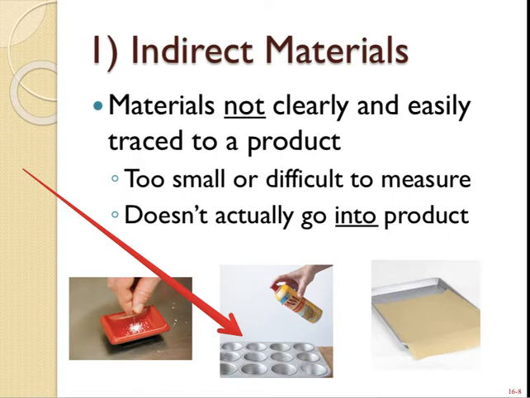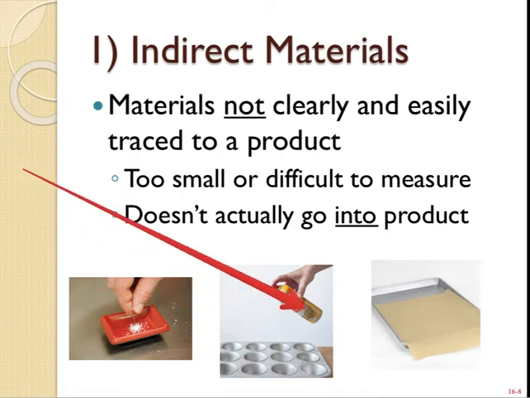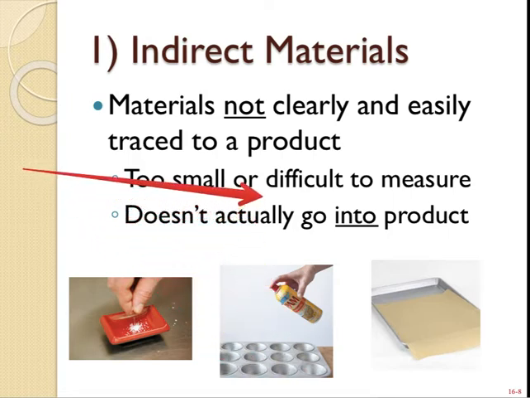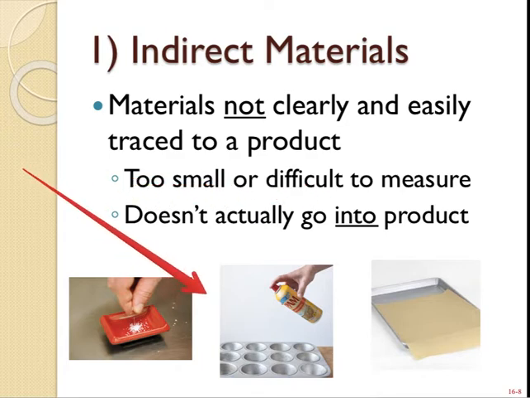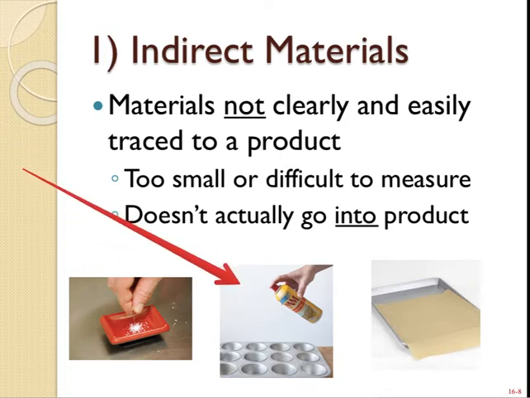So it just doesn't make sense to go through the effort of measuring the cooking spray. So this is an issue where it's difficult to measure. Okay? And the book gives you a lot of examples of other things like this. So for example, when you're talking about nuts and bolts, and there's small items, it's not even worth calculating, or it's machine grease.